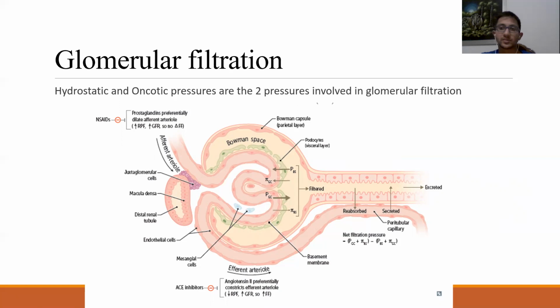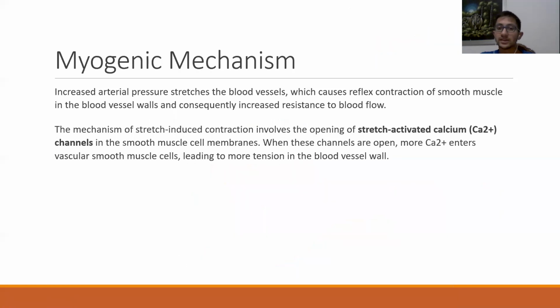If more calcium ions are present, they contract. So when there's high blood pressure, all these stretch-induced calcium channels get stretched, calcium is released, the muscles contract. If they contract, the arteriole constricts, and that reduces the blood flow towards the glomerulus. And that's basically what happens in this myogenic mechanism.